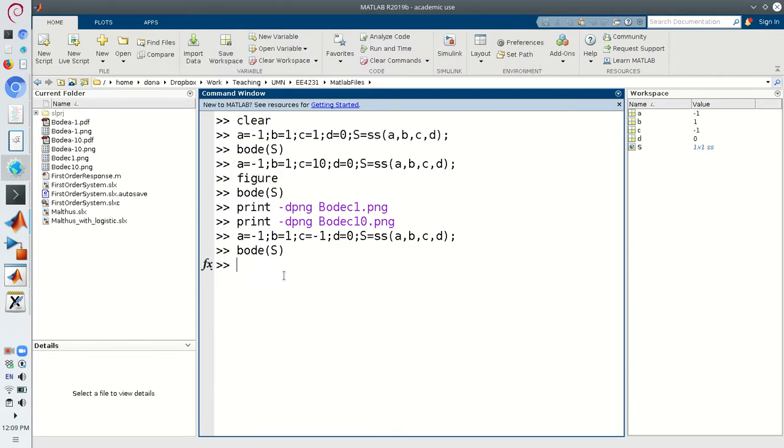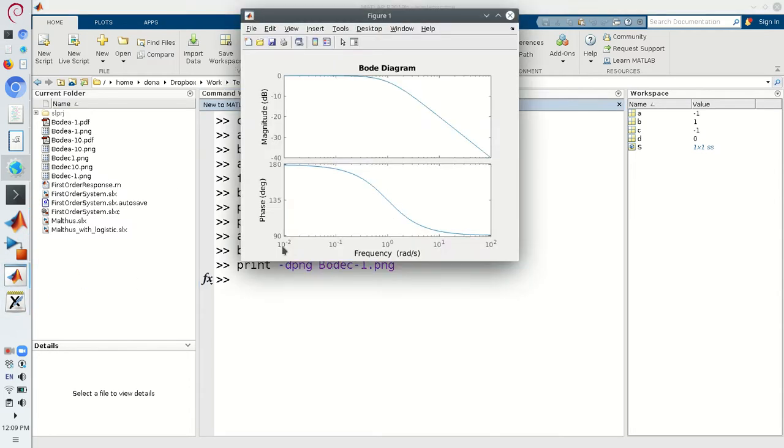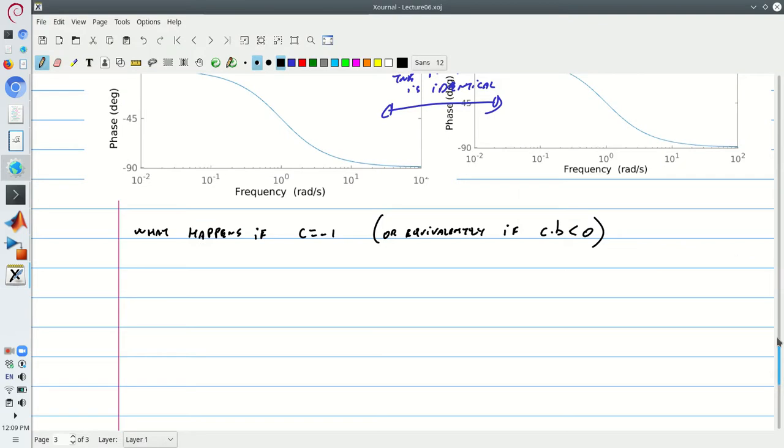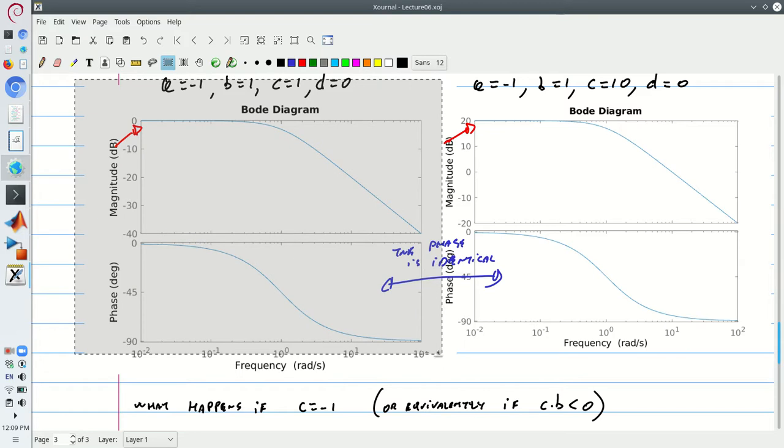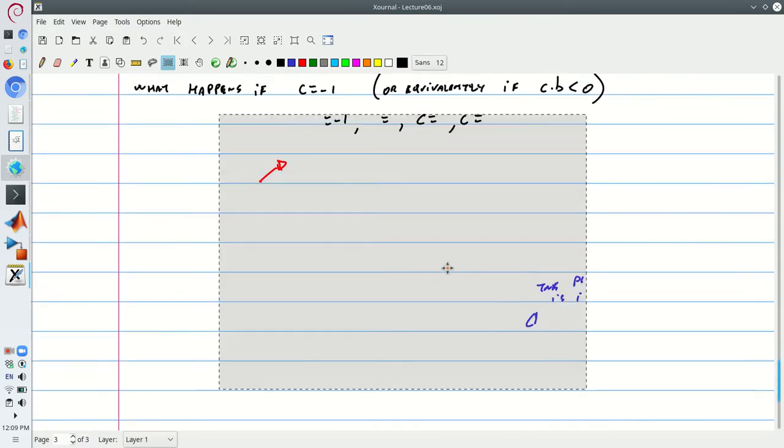Let me just bring this in our notes so that I can draw on it. Let me close this here. Here we have our nodes. I'm actually going to take this thing here and copy it here.